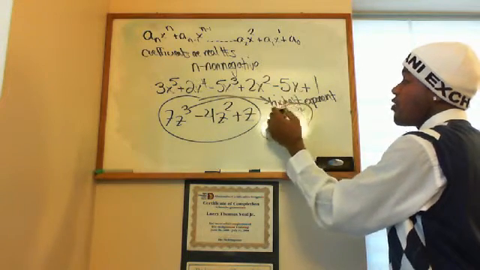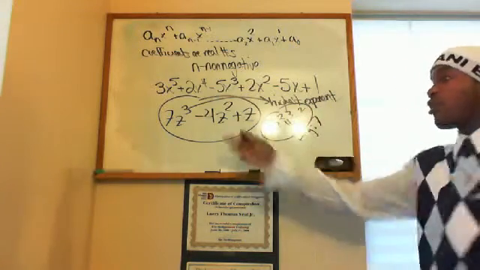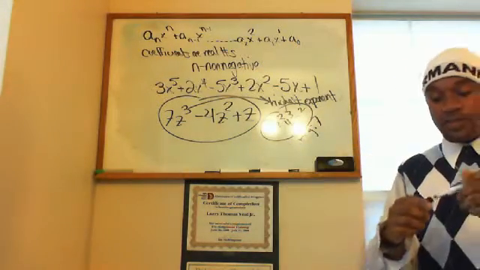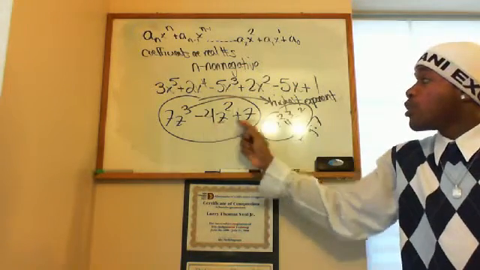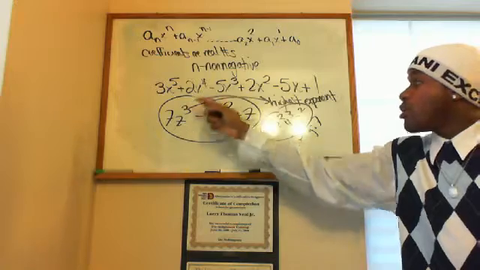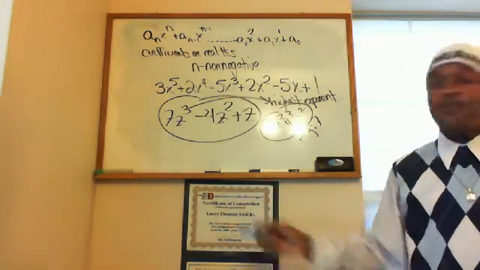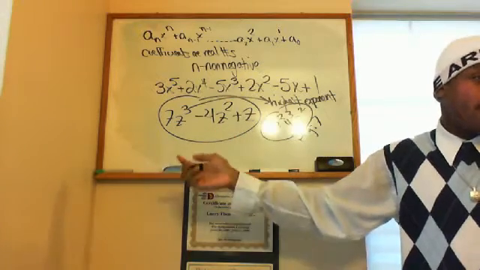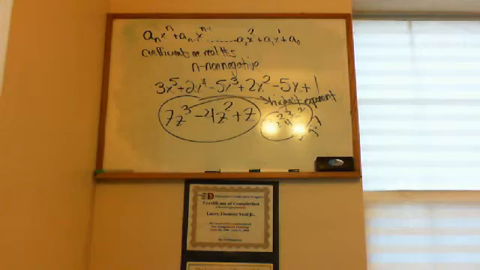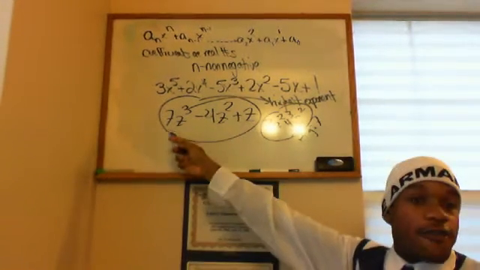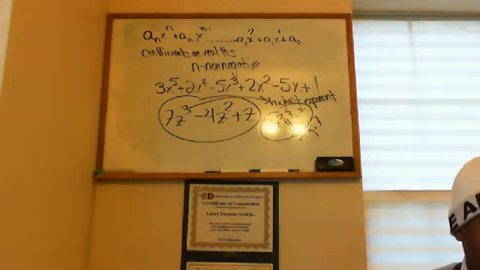So this degree would be 2, 3, 2, which is 7. But that one is degree 3. Each monomial has its own degree: 3 for this monomial, 2 for this monomial, and 1 for that monomial. 4 doesn't have a degree, it's a number. So the degree of this one is 3. The leading coefficient is 7 because that's what's in front of the z.